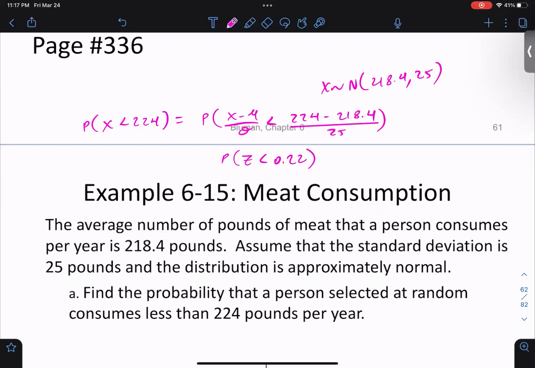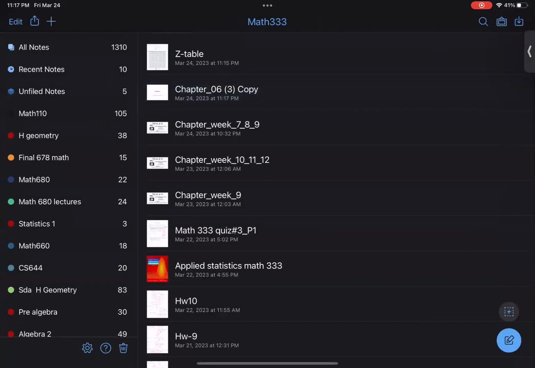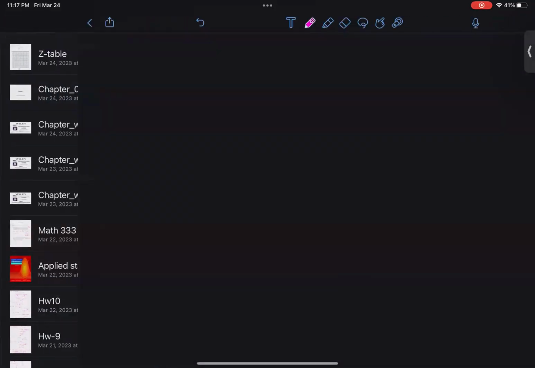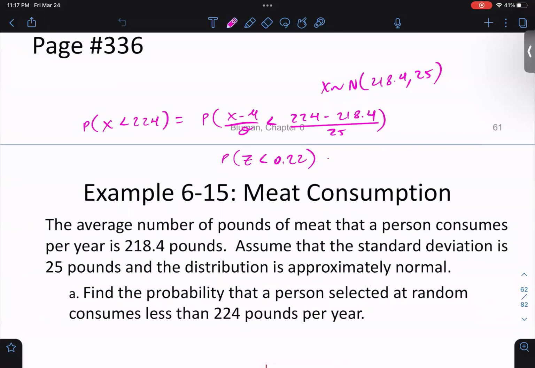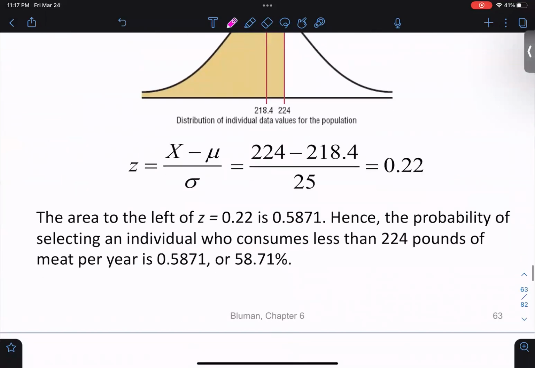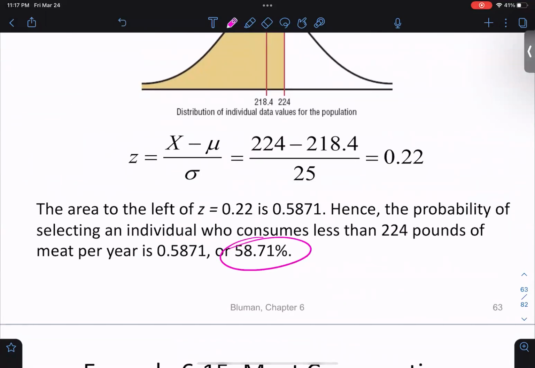So what is 0.22? I look at the area in the table, and 0.22 is 0.5871. So I'm done with that question. The probability is 58.71%.